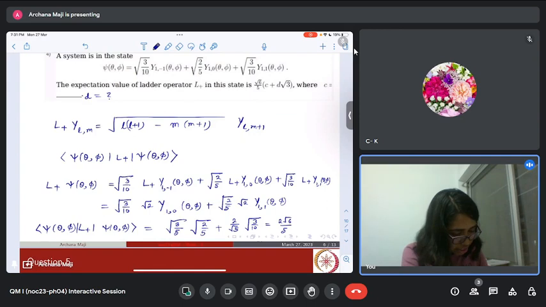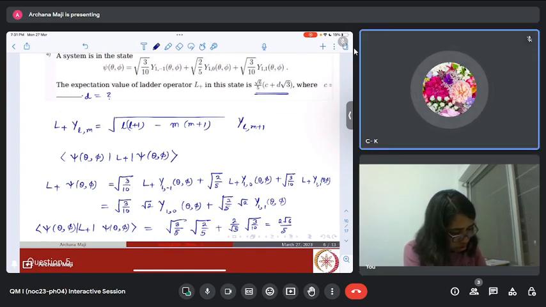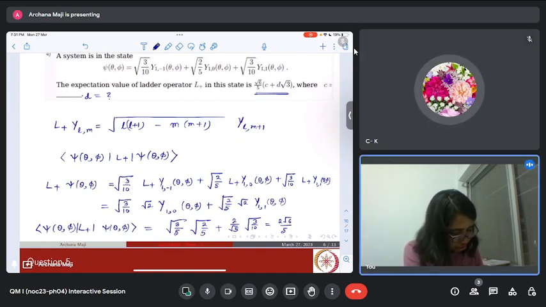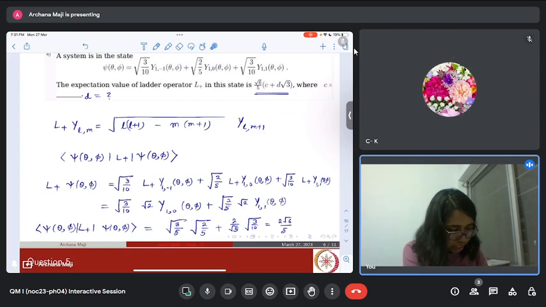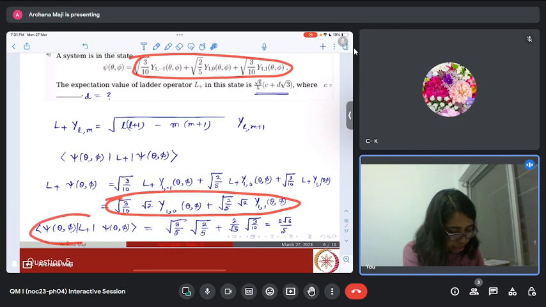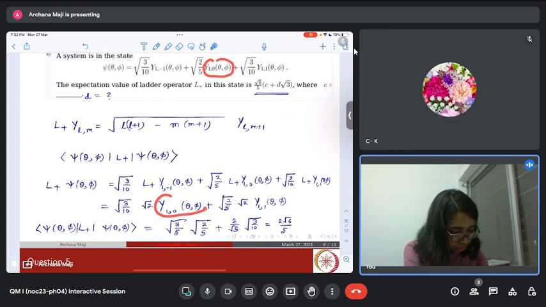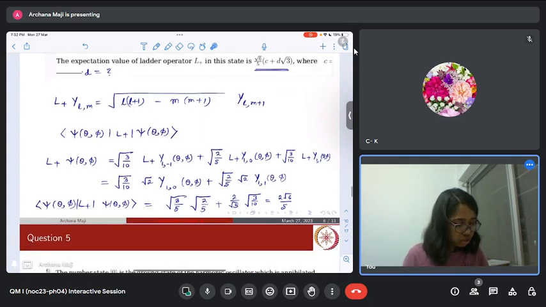So what is C and what is D in this expression? Madam, please explain. Which portion? This inner product? Yes, madam. So what I'm saying is that you are taking inner product of this with this to obtain the expectation value. Now these spherical harmonics are all orthonormalized. So when you take inner product, let me write down.